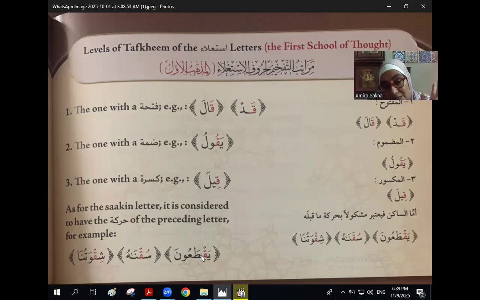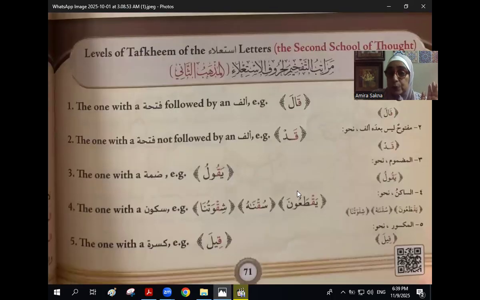He considered that those second letters have the short vowel of the preceding letter. And this is really not accurate, because there's no difference. If I say yaqta, it's equal to suq, equal to shiq. The haraka of the preceding letter of the second mufakham letter does not affect the sound. But anyway, this is the first school of thought.